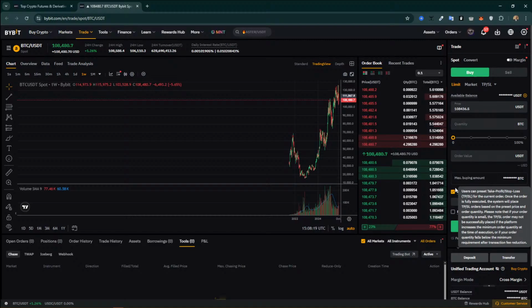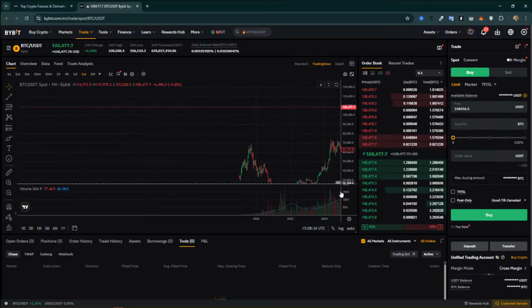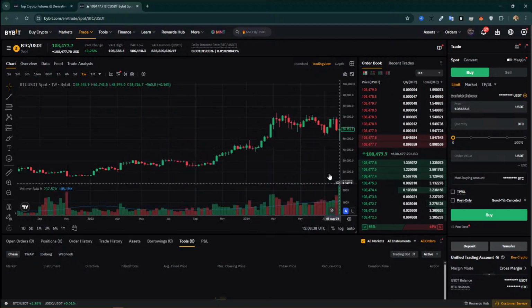So in case you place an order, let's try to zoom in here. If you use this button here for zoom in and you click somewhere, click again. Let me change timelines.